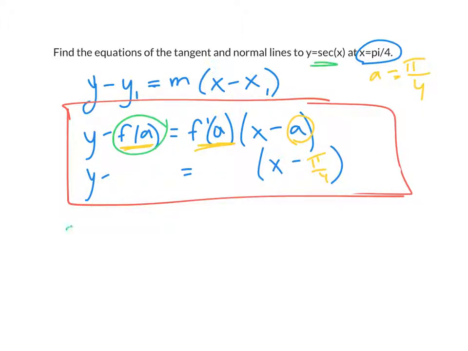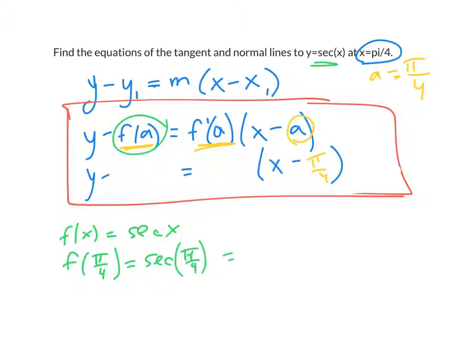So f of x is secant x, and I'm trying to find f of pi over 4. That's secant of pi over 4.